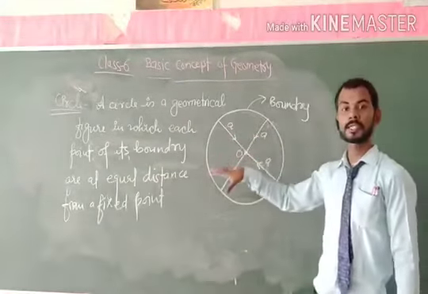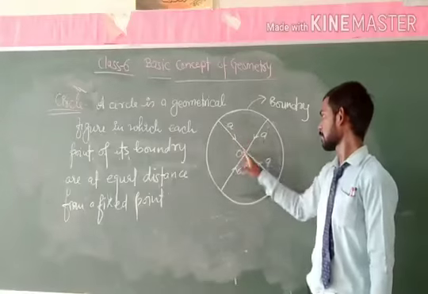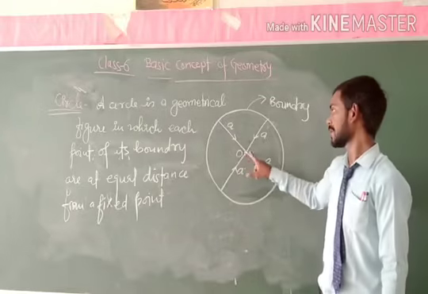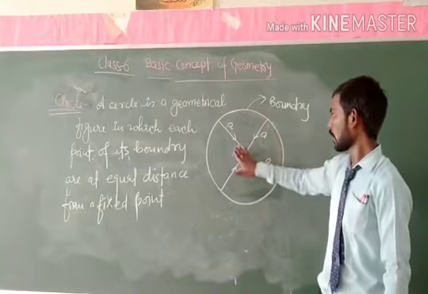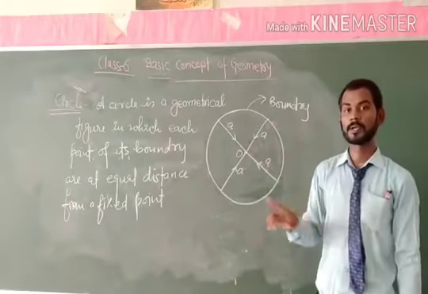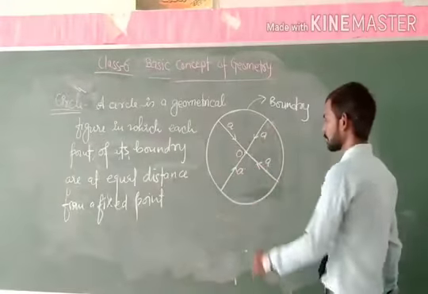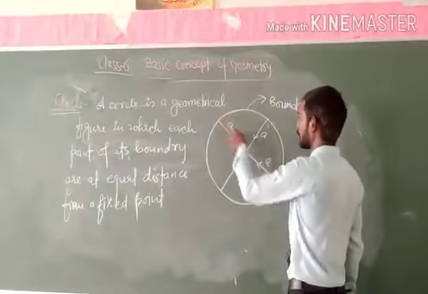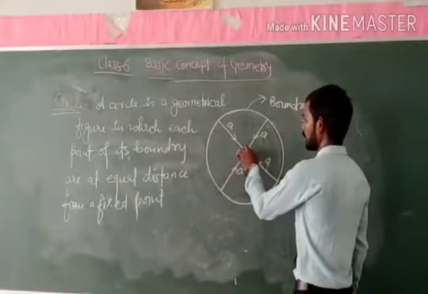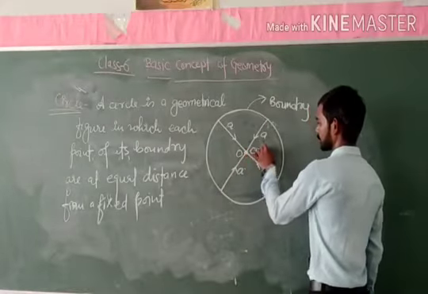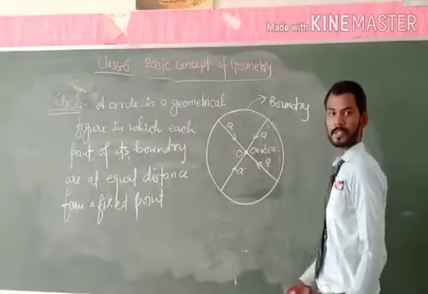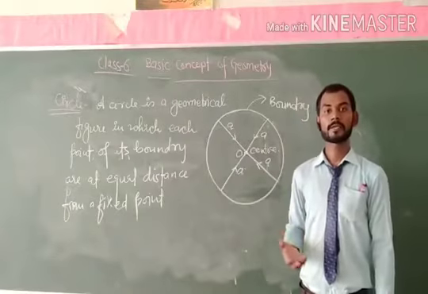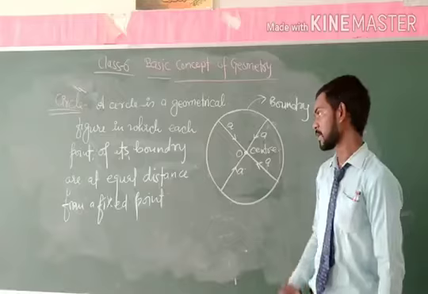In this figure, we can see that the distances of these 4 points from the fixed point O are the same, so I represent all the distances by the same letter, A. This fixed point O, from where every distance is equal, is known as the center.